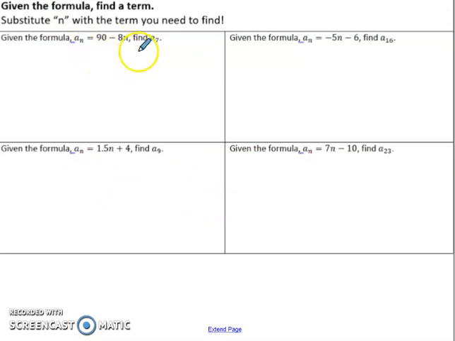Now what if I give you the equation and I say find this term? This wants the 7th term. What that means is that this 7 is my n. So anywhere I see n in my formula is now a 7. So to find the 7th term, I do 90 minus 8 times 7. 7 is n.